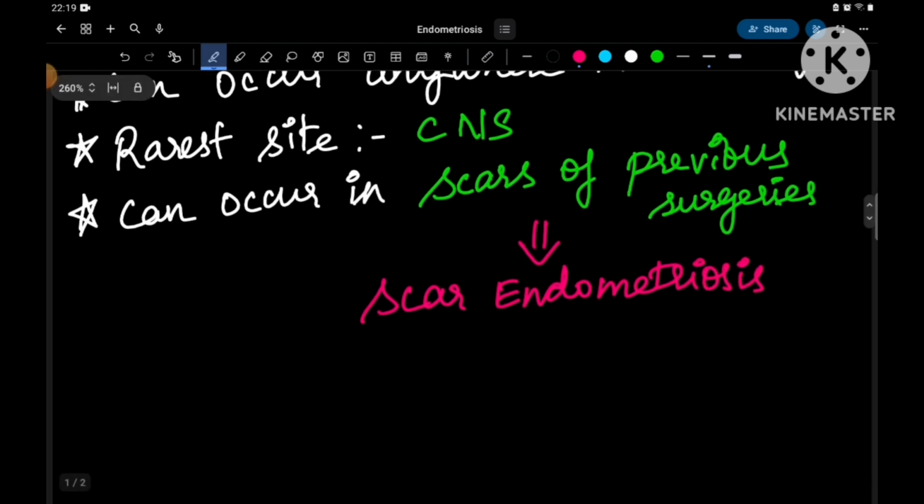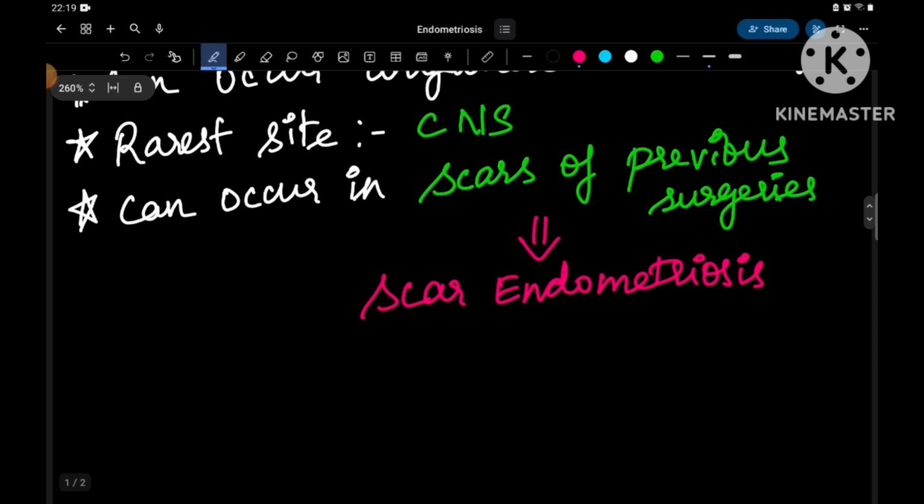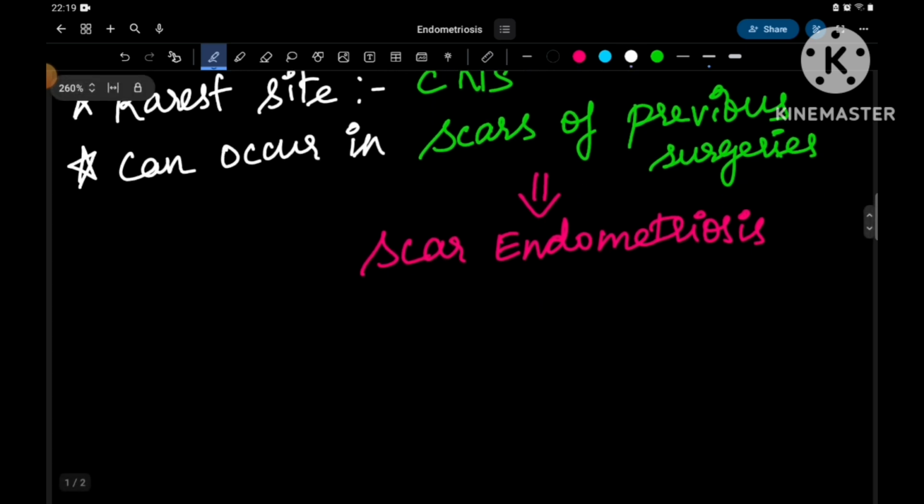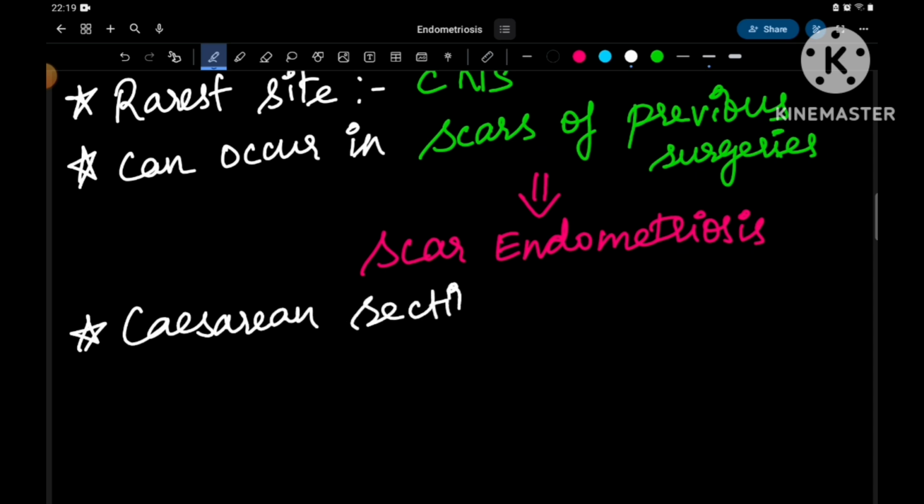So what are the surgeries in which this endometriosis commonly occurs? That we have to know, right? So what are the surgeries? Let's write them down. It is cesarean section. Next is episiotomy.